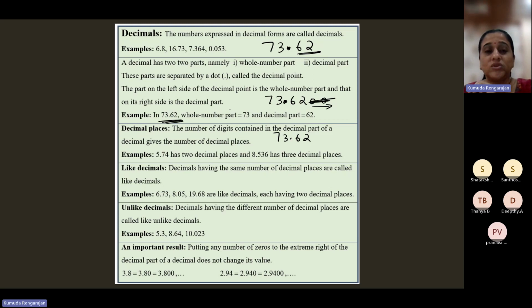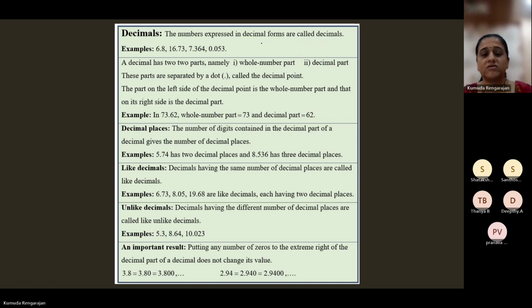The zeros to the extreme right of the decimal point have no value. So if you have 7.65 and you add four zeros, this decimal number is the same as 7.65.